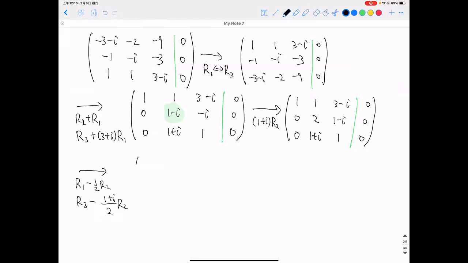Okay, now carry on. R2 remains the same, 0, 2, 1 minus i, 0. I guess at some point we will divide R2 by 2, but we'll do that next. 1 minus 1 is 0. So we have here 3 minus i minus a half of 1 minus i.